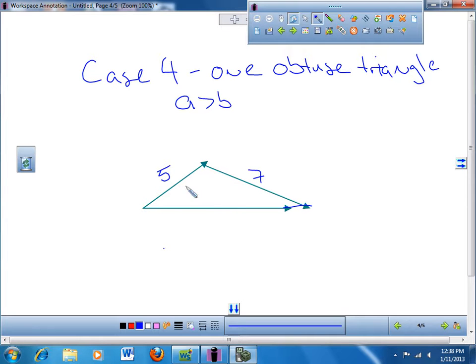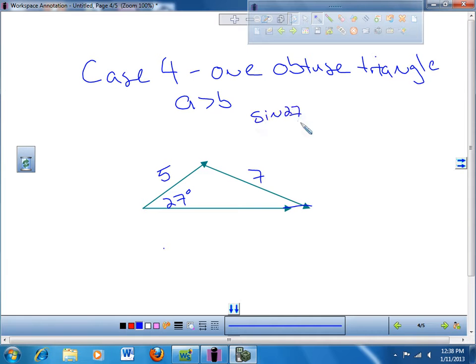Because the height doesn't matter, because this side is bigger than this side, and this angle is 27 degrees in this case. So this angle is fixed, this side is 5, and this side is 7. So the only way it could swing, it can't swing over here because it will be outside the triangle. So then you could solve the triangle the same way you did before.